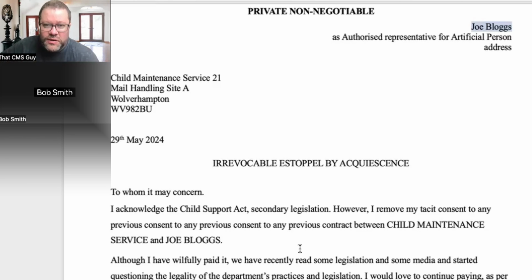This document, sorry. So, Bob, if you could go line by line and just explain to us what is going on in this document, so that everybody can understand what they're doing if they use this document. Yeah. So this document is essentially saying, because the CMS claim, just like PCNs, just like council tax, that it's a debt.